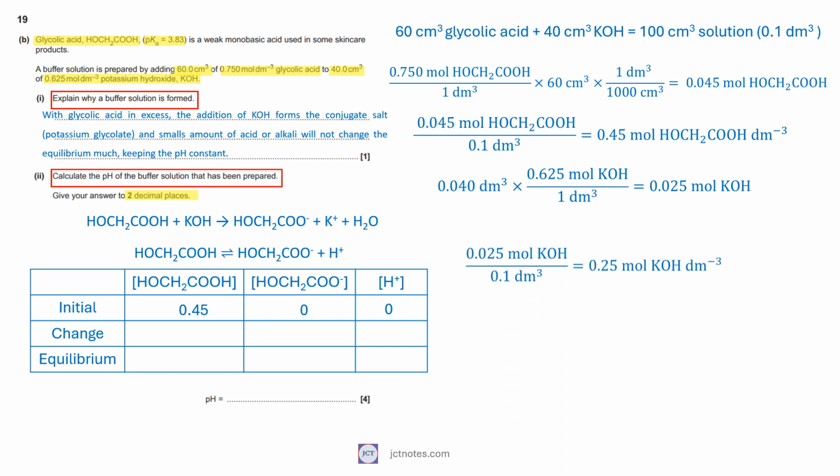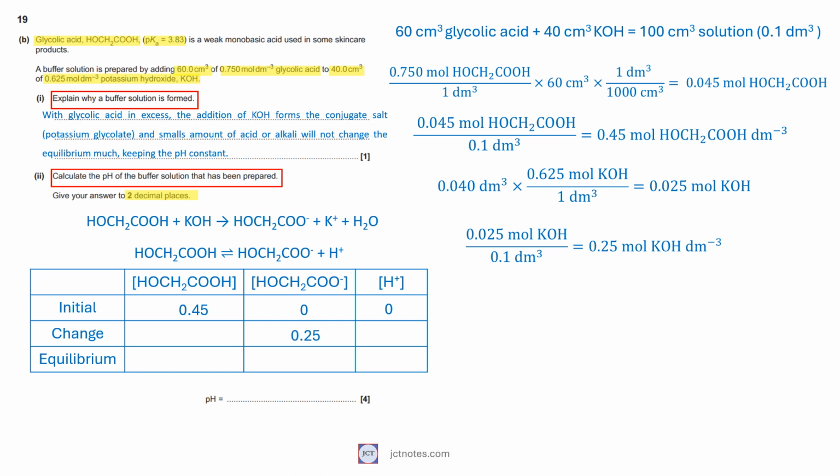As these are diluted to 0.1 cubic decimeters, the concentration of potassium hydroxide that we have added is 0.25 molar. All this potassium hydroxide has reacted with the glycolic acid to form the glycolate in the solution. So in the table I add plus 0.25 in the glycolate and minus 0.25 in the glycolic acid. We don't have data for the protons, so I put X.